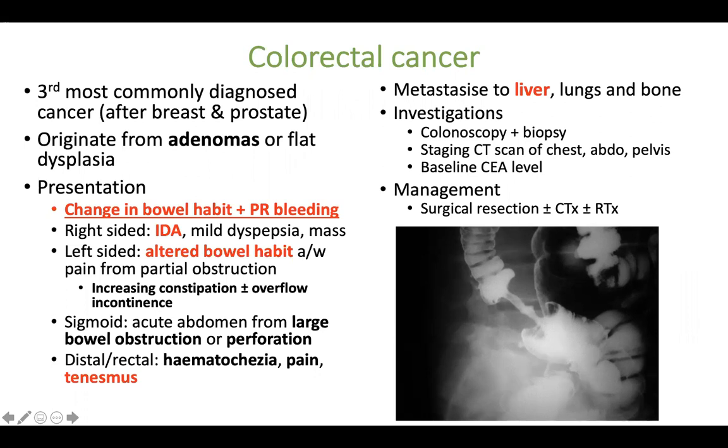On the left-hand side, they'll present with altered bowel habits. If it's in the rectum, then it gives you tenesmus. So what does tenesmus mean? Yeah, a feeling of incomplete defecation after defecation. Commonly, it metastasizes to the liver. That's important to know.